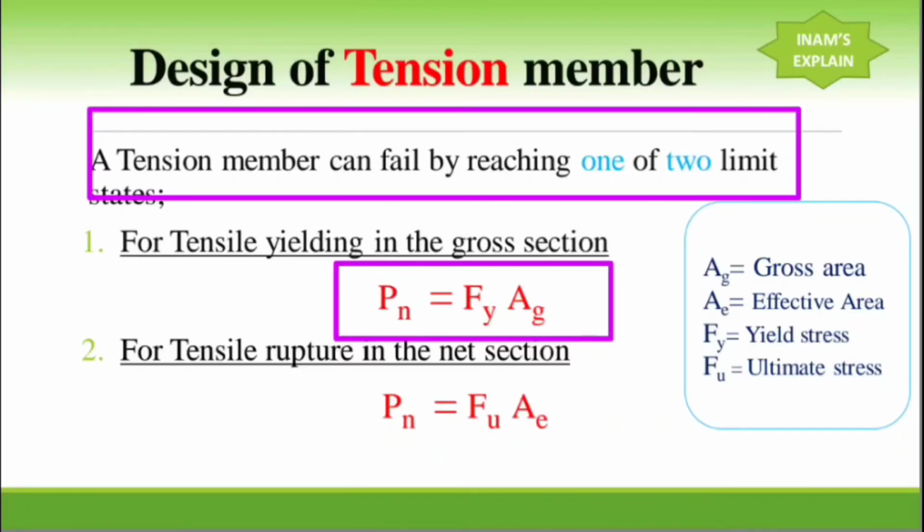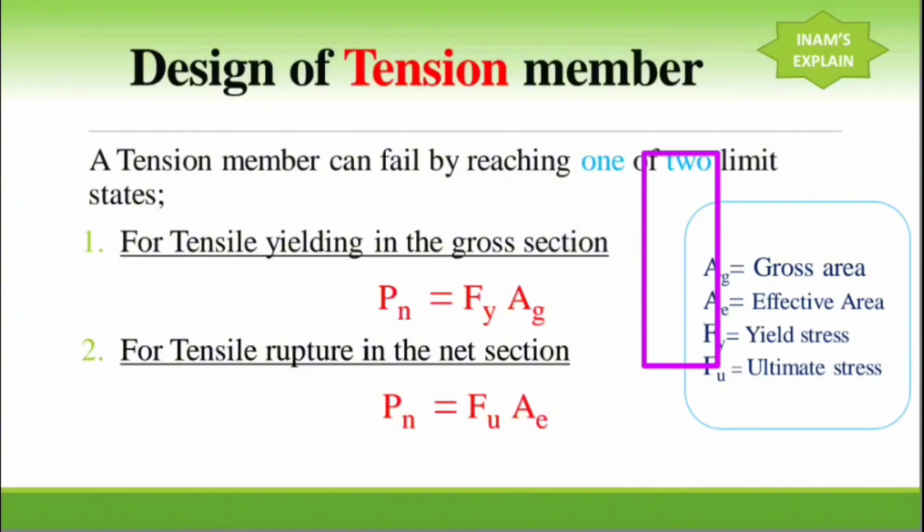For yielding, the nominal strength will be the product of the yield strength and the gross area. Why do we use the gross area? If we consider a tension member, a member with forces applied in tension, it may first yield when it reaches this point.